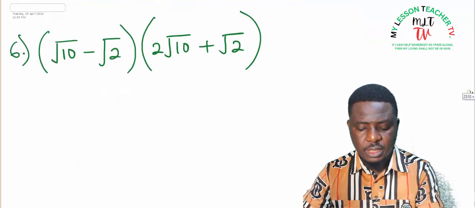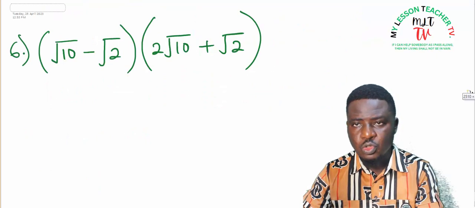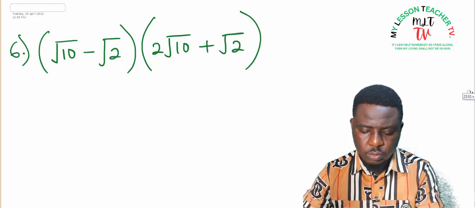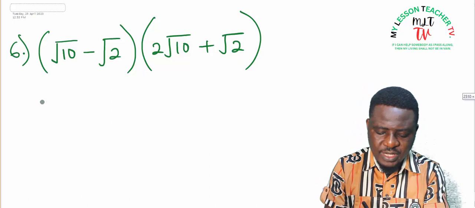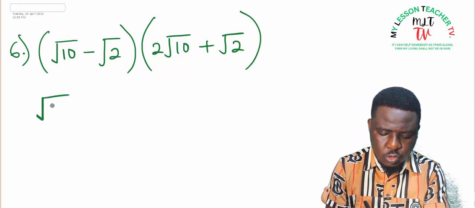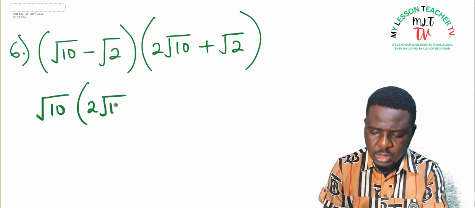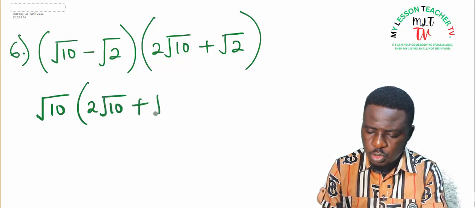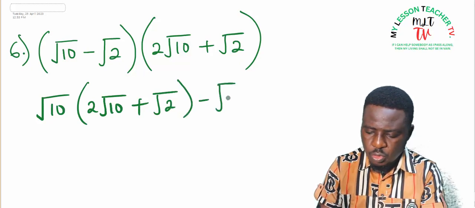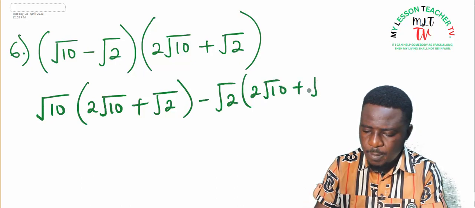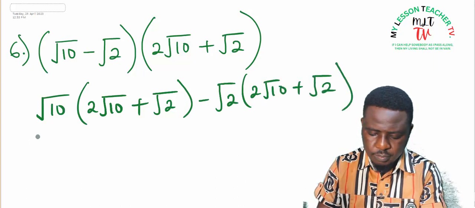Question 6. We have root 10 minus root 2 to be multiplied with bracket 2 root 10 plus root 2. I'm going to split the first bracket into 2. This gives me root 10 into 2 root 10 plus root 2 minus root 2 into 2 root 10 plus root 2.